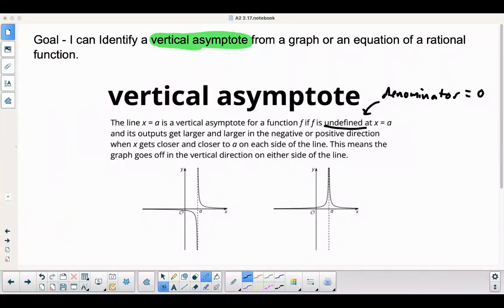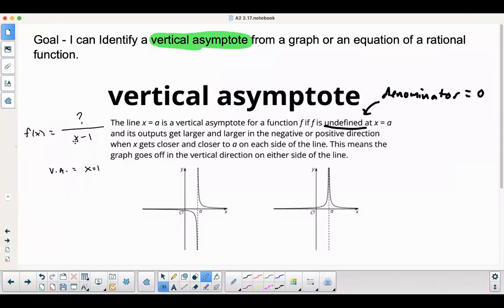Okay, so if I had a function here, let's call this f of x equals some polynomial up top. I don't care what it is. But if the bottom I had x minus 1, let's just say, we're going to have a vertical asymptote. I just like to abbreviate it as VA. Vertical asymptote is x equals positive 1.